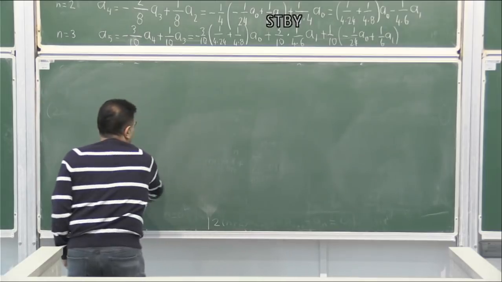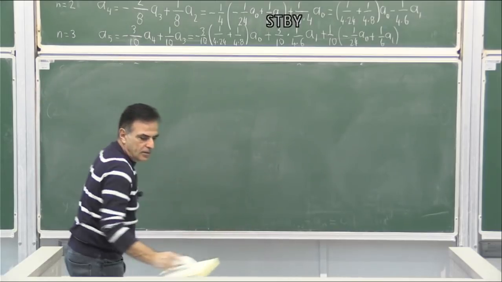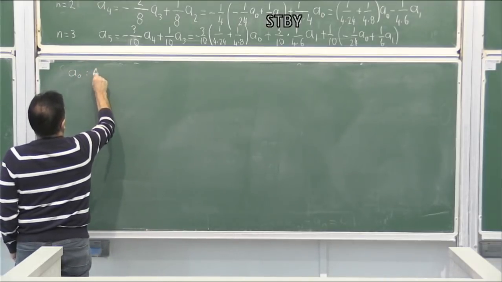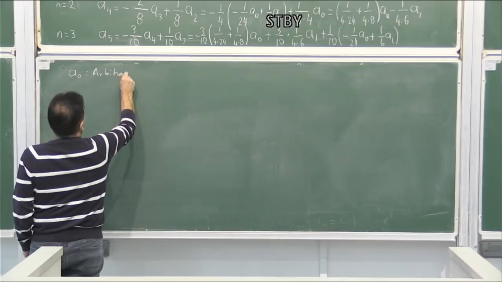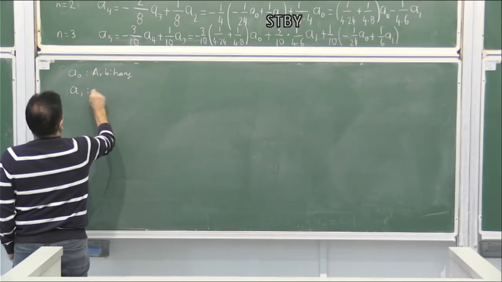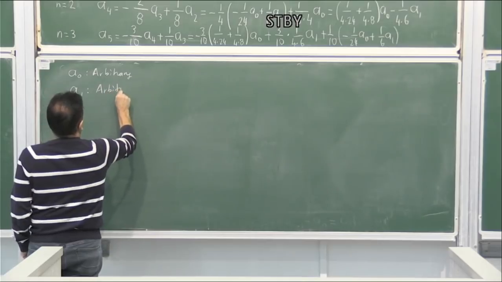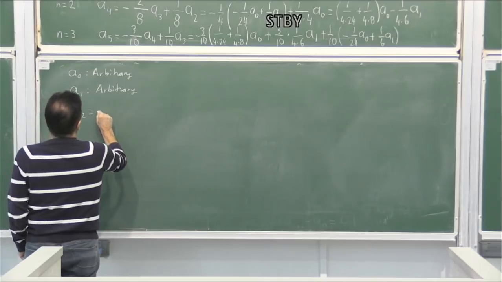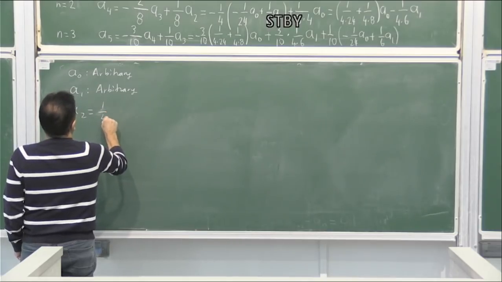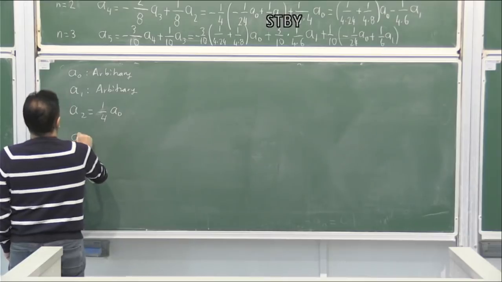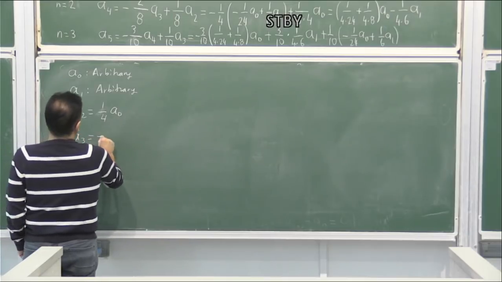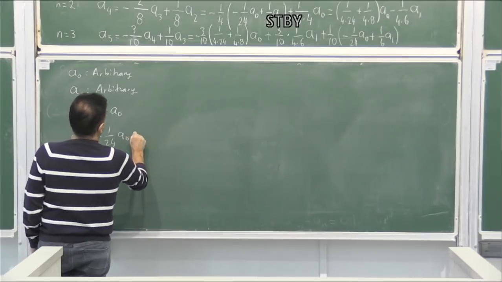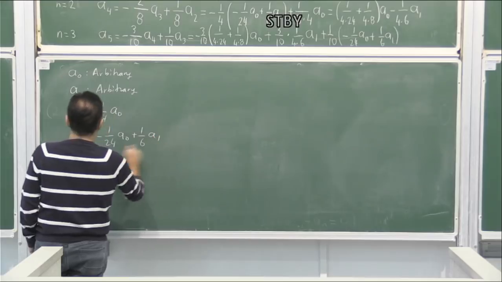So let's write. It seems that A0 remains arbitrary. A1 remains arbitrary. But A2 is 1 over 4 A0. A3 is minus 1 over 24 A0 plus 1 over 6 A1.